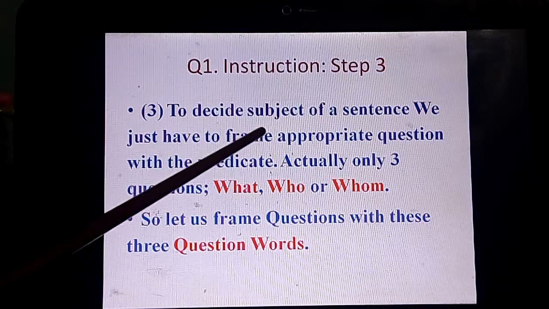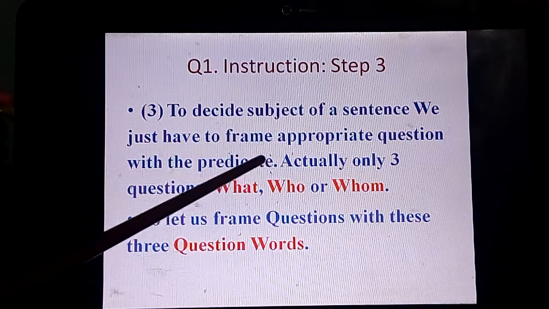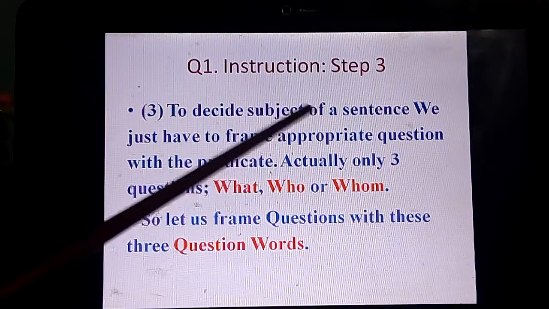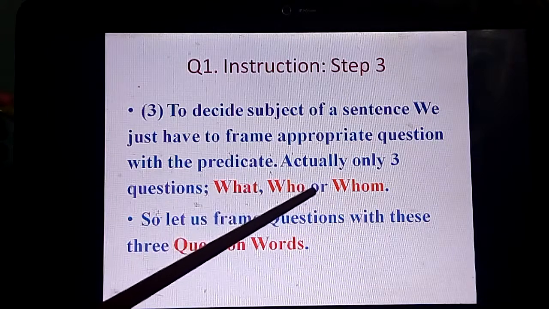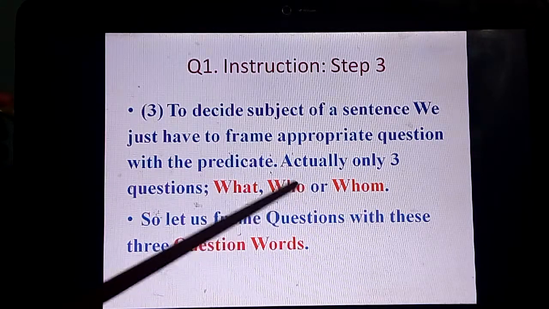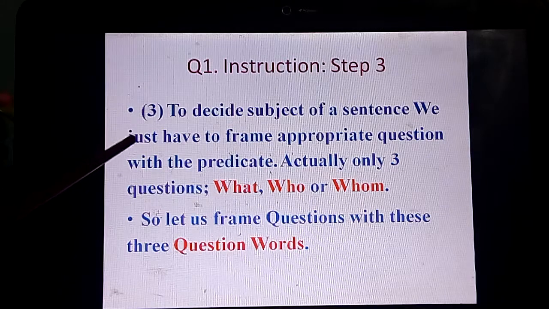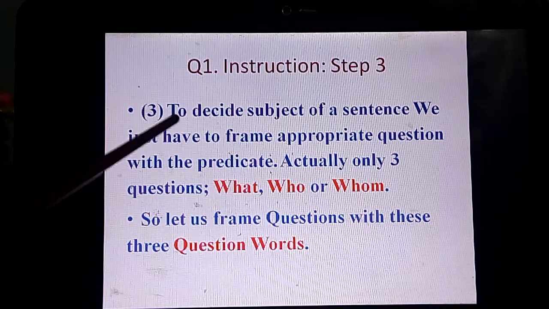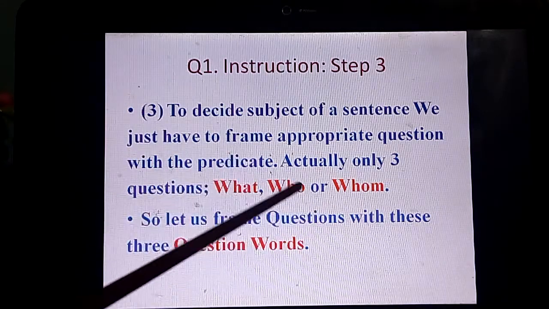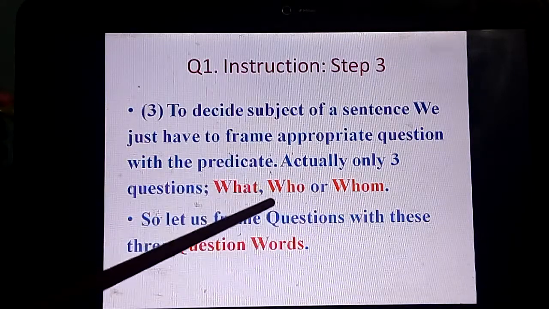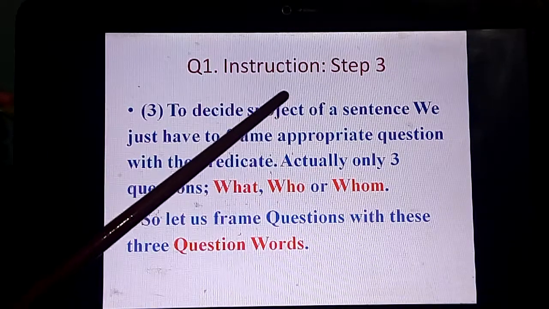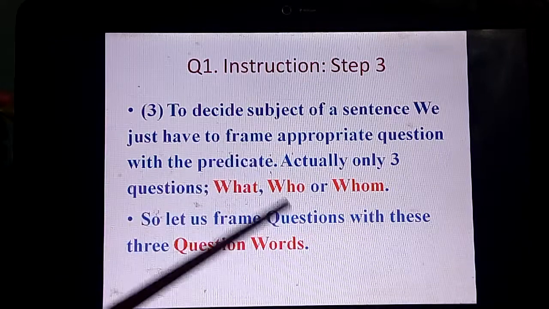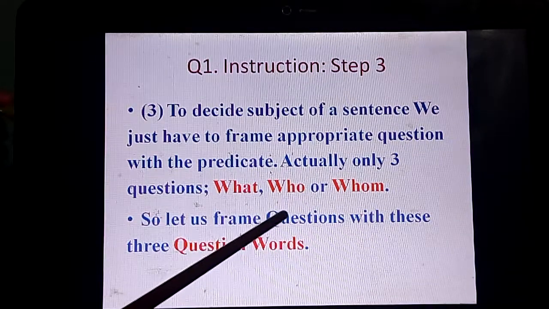So we have to ask them, because the finite verbs form the predicate, and so if we ask what, who, or whom, then either of them should give us an answer on the left hand side of the verb. And if we get a complete left hand side proper group of words as an answer, then we can say that, okay.